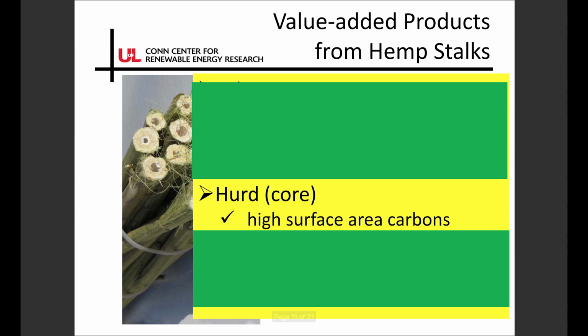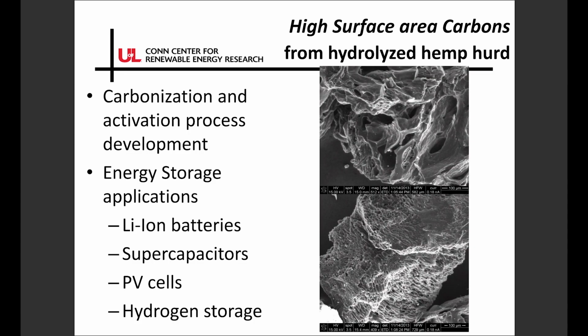Now all of a sudden you are increasing the value of carbon from 50 cents a pound to $14 a pound. So there is a humongous opportunity by integrating the process and putting the right process together. And with these herds, we are essentially going through an activation carbonation process, and we make very high surface area carbons.